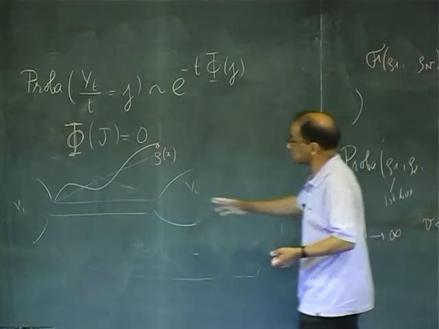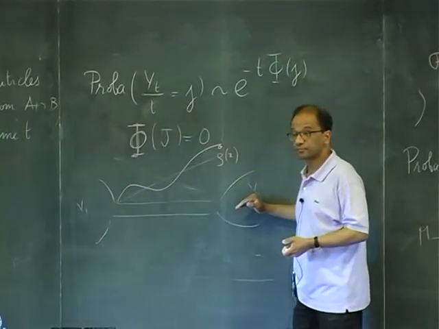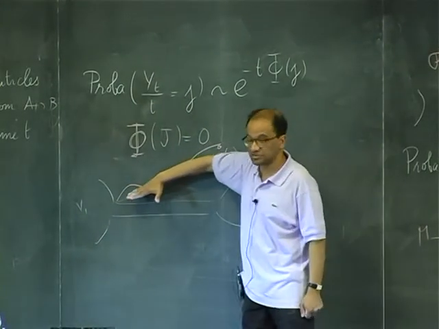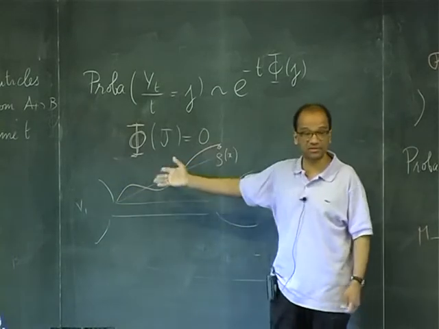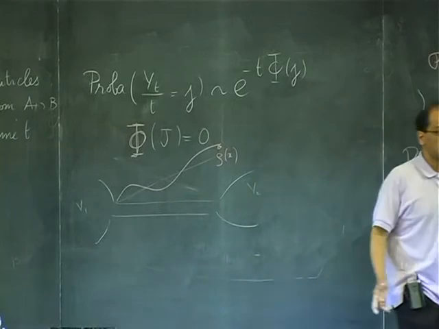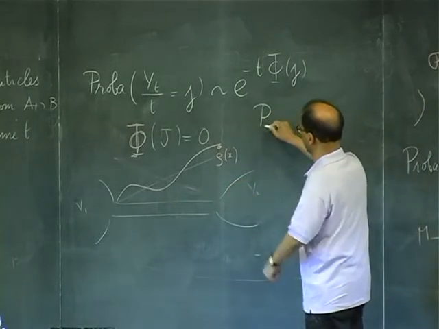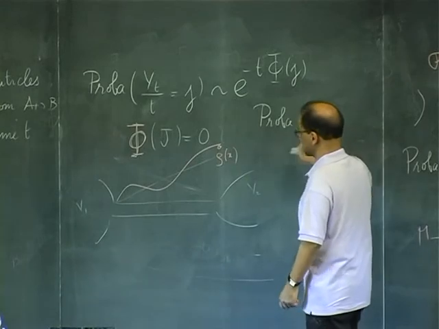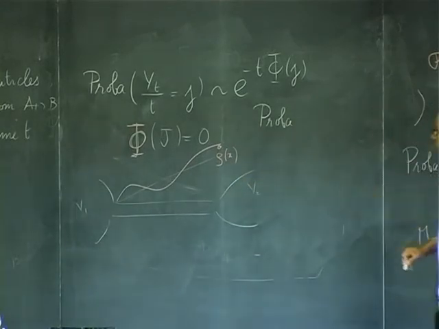So now we can ask the same question for a system out of equilibrium. Out of equilibrium, we know that there is a linear profile. But we can ask, okay, what is the probability that it has this stupid shape? So what is the probability in this non-equilibrium context? As you can see, it's exactly the same question that we asked at equilibrium 10 minutes ago.